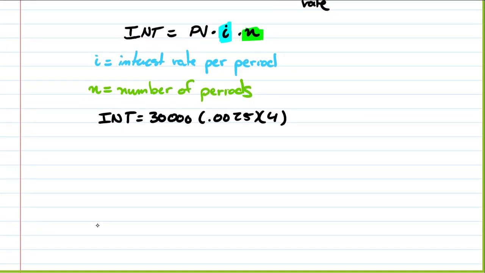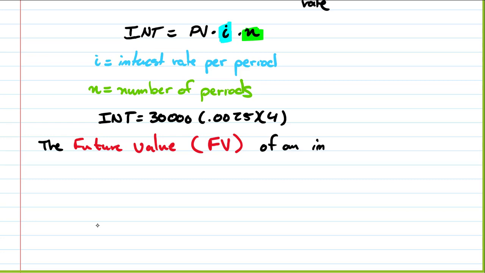All right. So the next thing we want to talk about is the future value, and our symbol for future value is going to be FV, where our present value is PV. So the future value of an investment, well, let's see if we can figure that out.